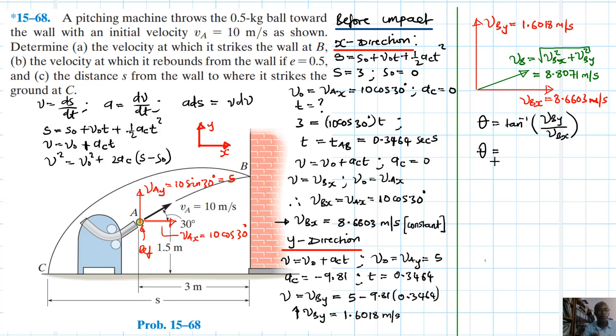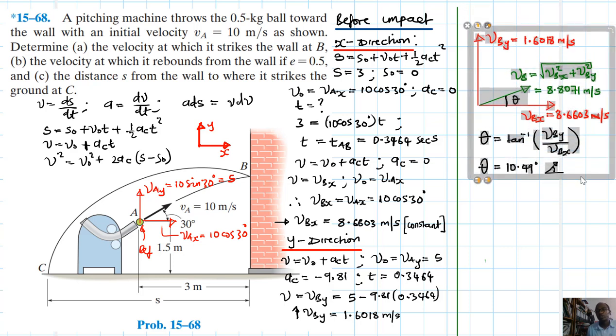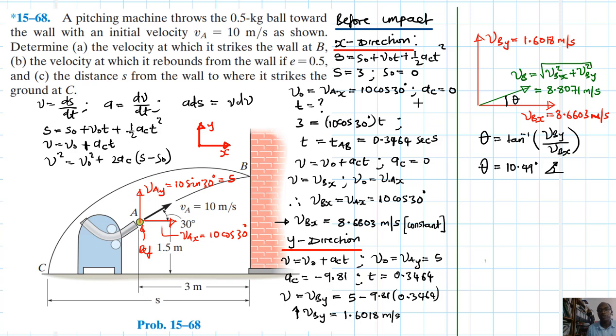Okay, so this we get 10.49 degrees, which is this one here. This is our theta, and this we can also represent it like this. All right, so this is the summary for A, and we found A, which is the velocity.